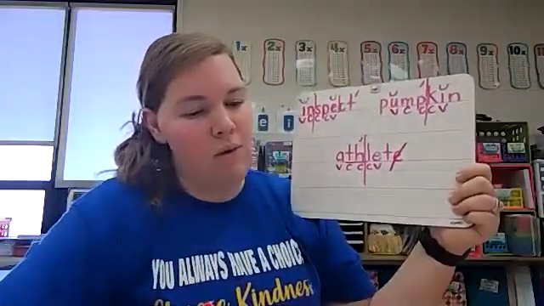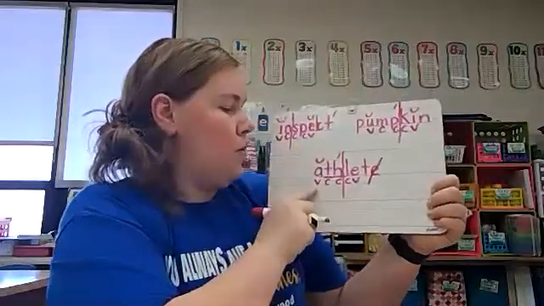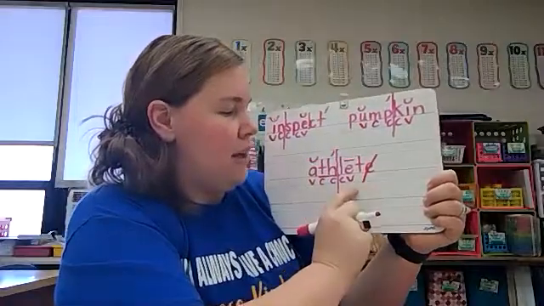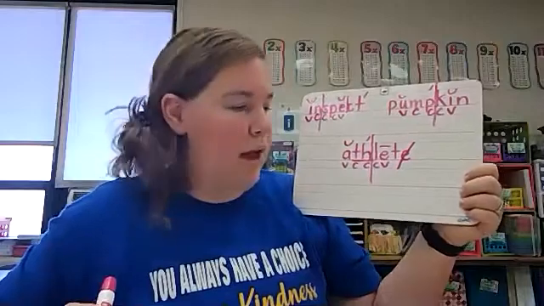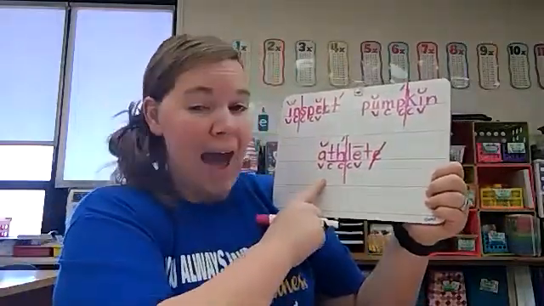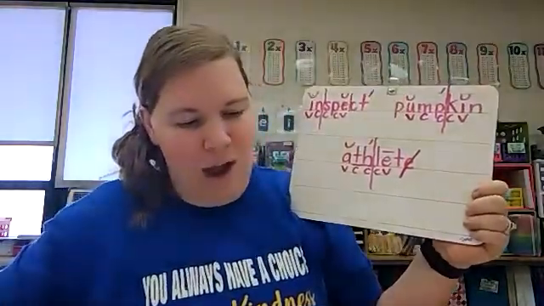And let's code the vowels and see if we can read the word. This vowel is closed, so it'll get a breve. This had a silent E, so this E has to be long with a macron, okay? Athlete, athlete. That worked out perfectly for us, okay?